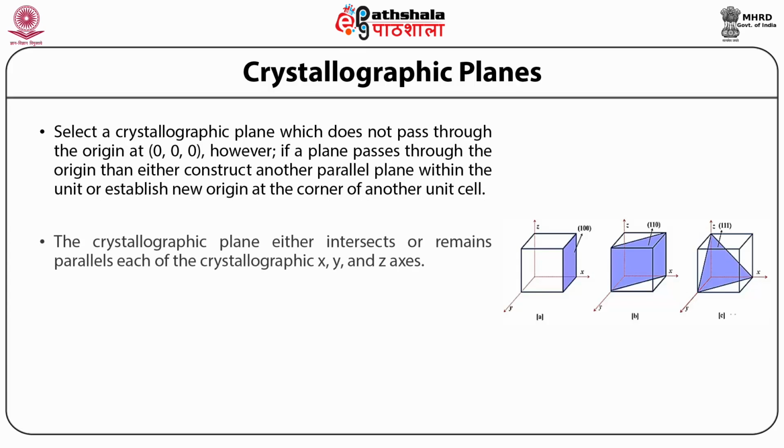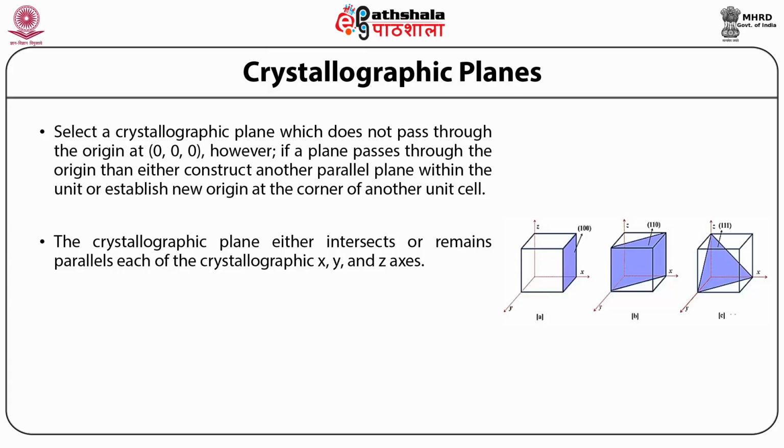Second, the crystallographic plane either intersects or remains parallel to each of the crystallographic X, Y, and Z axes. The length of the intercept along the X, Y, and Z axes is calculated in terms of unit cell parameters a, b, and c.